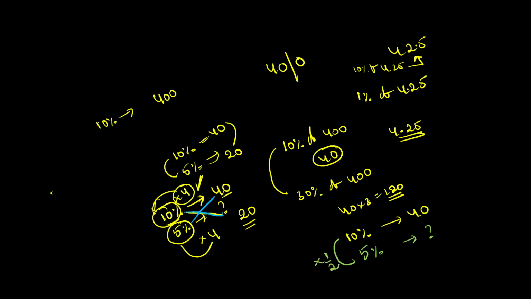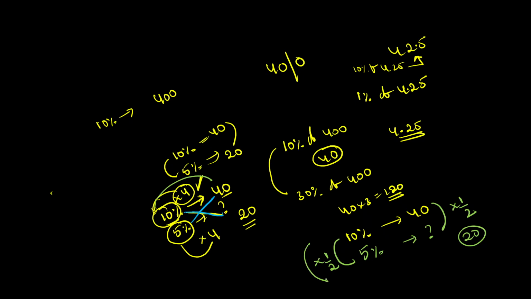That's nothing but half of the given number. 10 into 1 by 2, so even this number should be multiplied by 1 by 2. Half of 10 is 5, so half of 40 is 20. When it's directly proportional, we can take it as an advantage and solve it in any of these three ways. The first is cross multiplication, the method we got used to, and the second and third are relating it this way or this way.